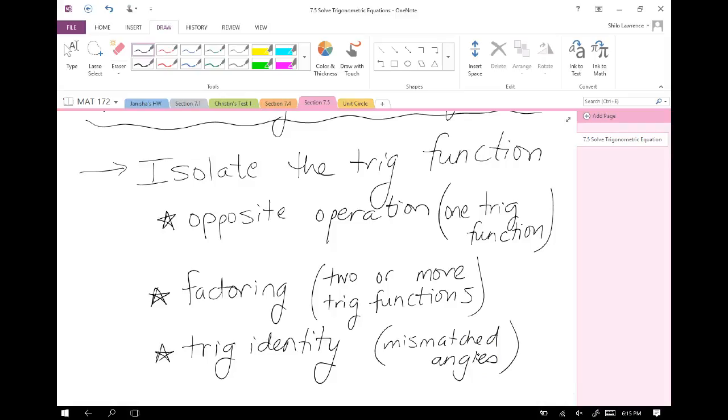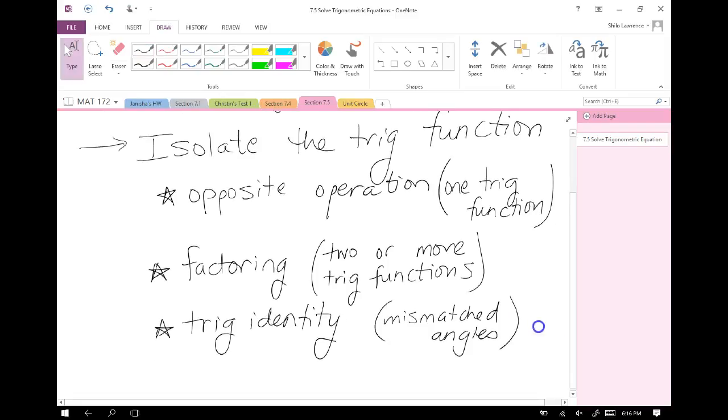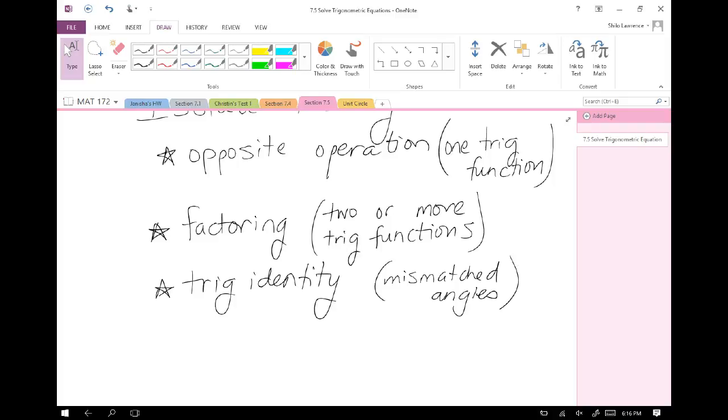So if there's only one trig function in the whole problem, we can just use opposite operations to get it all by itself. If there's more than one trig function in the problem, we're going to use some factoring to help us isolate it. If we've got some mismatched angles, we're going to use a trig identity to fix that. And our ultimate goal is to get the trig function all by itself so that we have like sine theta equals some number.